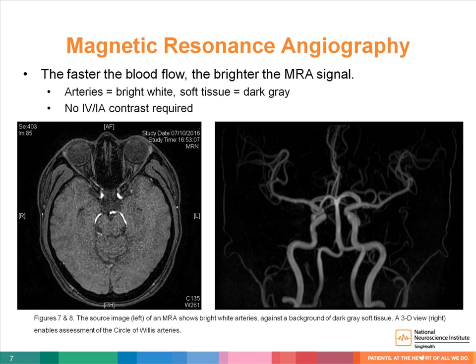The images can then be processed into a three-dimensional view of the blood vessels without surrounding tissue in the way. This is very useful for assessing intracranial circulation and detecting vascular pathologies, such as occlusions, aneurysms, and arteriovenous malformations.